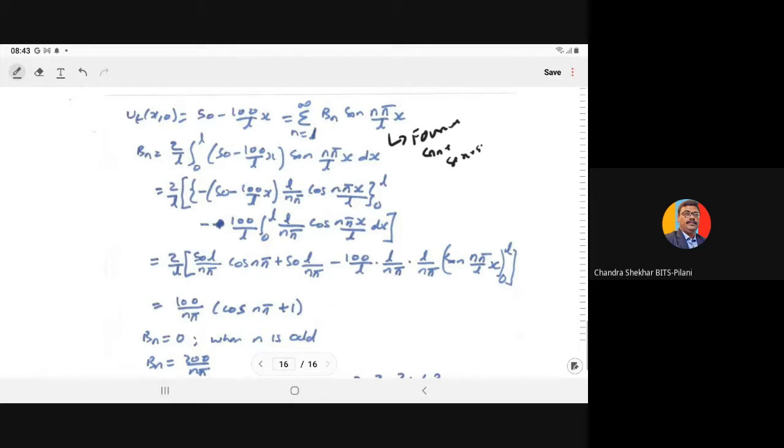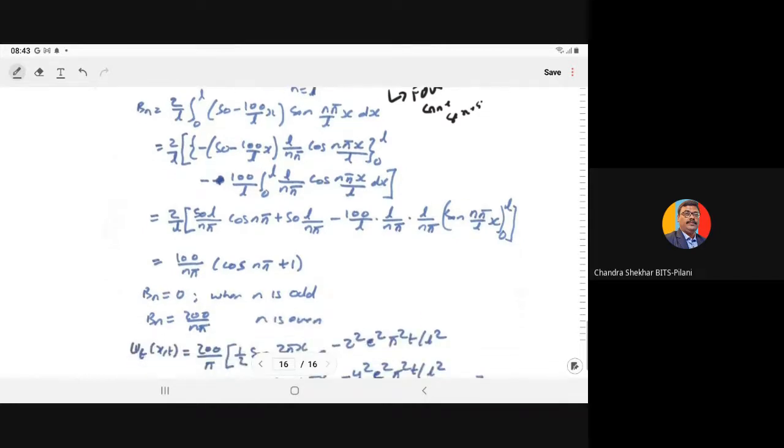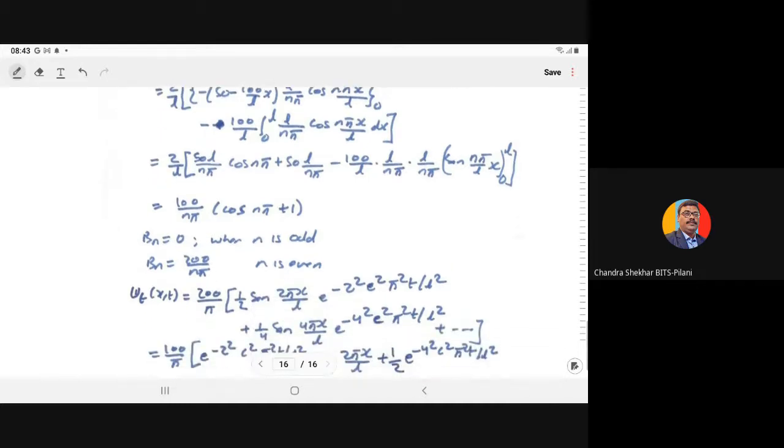So when we integrate by parts, this will be 100 upon n pi into cos n pi plus 1. So Bn is equal to 0 when n is odd, and Bn is equal to 200 upon n pi when n is even.